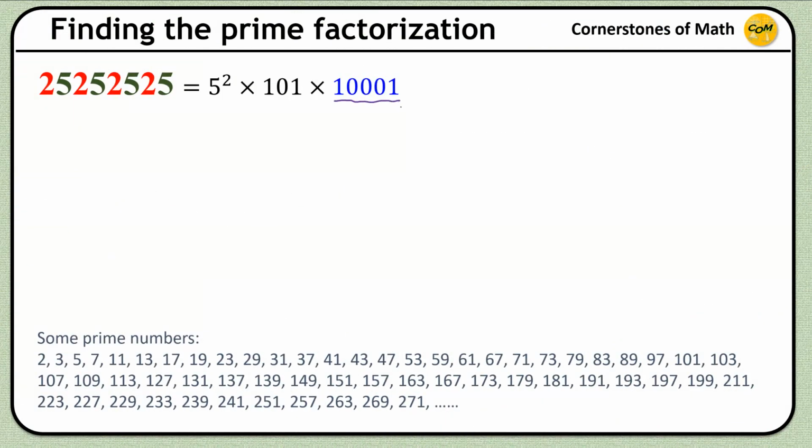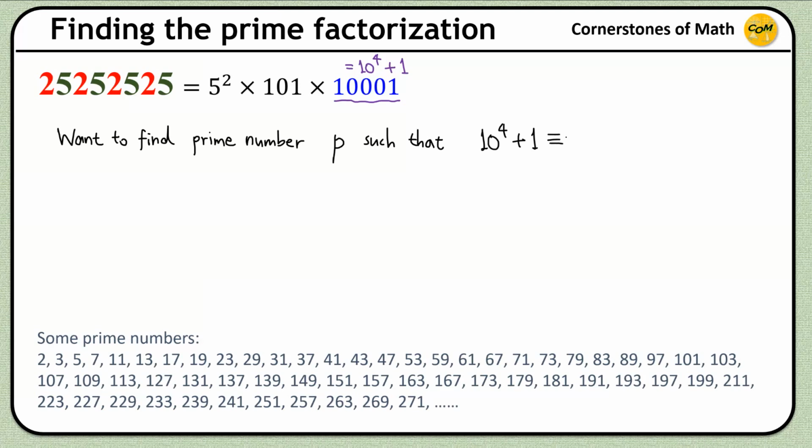As for 10,001, which is 10 to the power of 4 plus 1, things get a bit complicated unfortunately, and I will use modular arithmetic in the explanation. In a nutshell, we want to find some prime number p such that 10 to the 4th power plus 1 is congruent to 0 modulo p. In other words, 10 to the power of 4 plus 1 is divisible by prime number p.